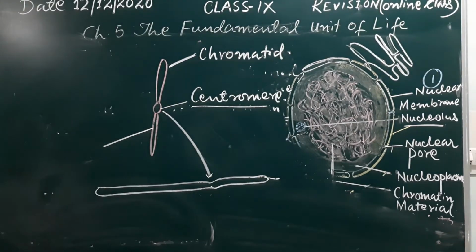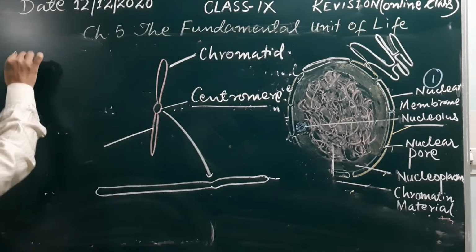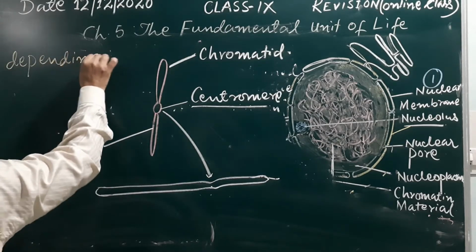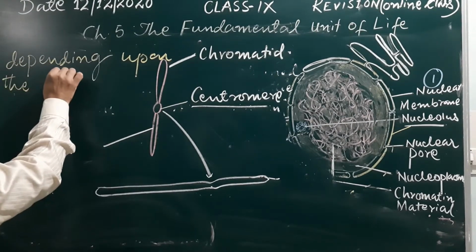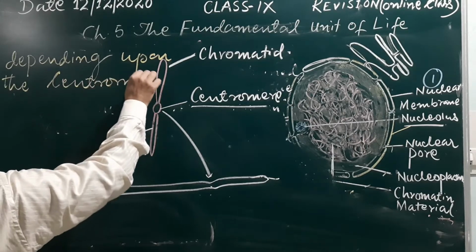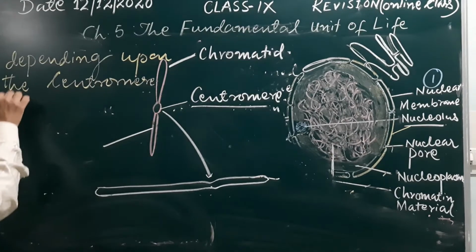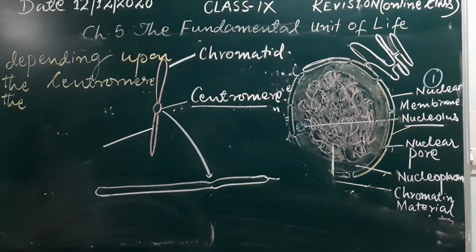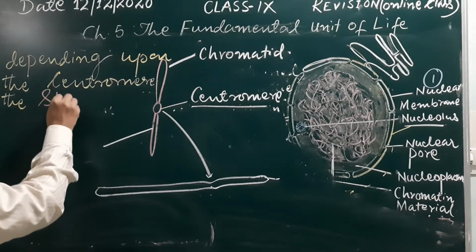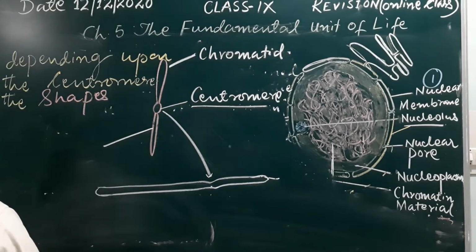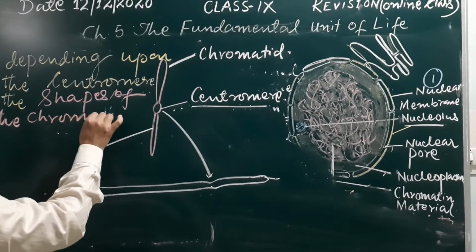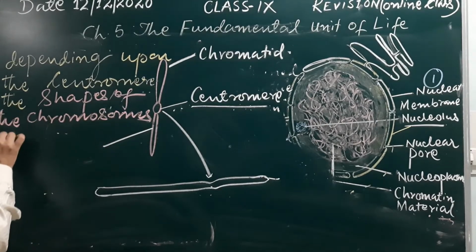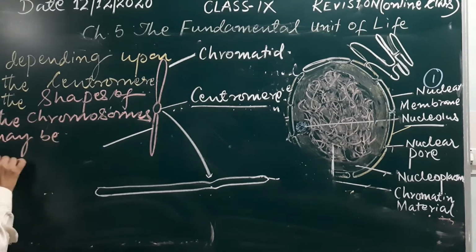Understand? In this way, you have also made an idea that depending upon the location of the centromere, where the centromere is located, the shapes of the chromosomes may be like acrocentric.